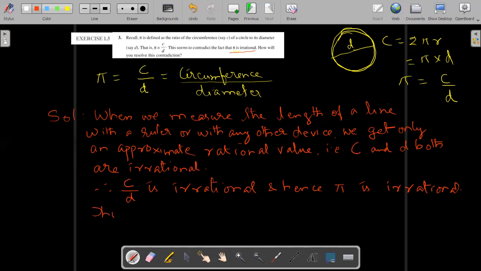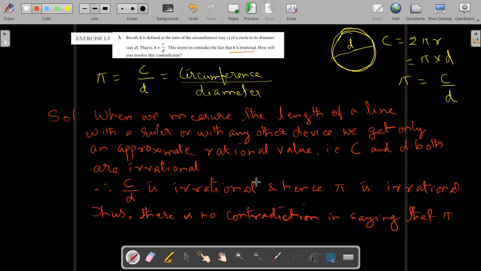Thus, there is no contradiction in saying that pi is irrational. If we ask why there is a contradiction, then there is no contradiction.